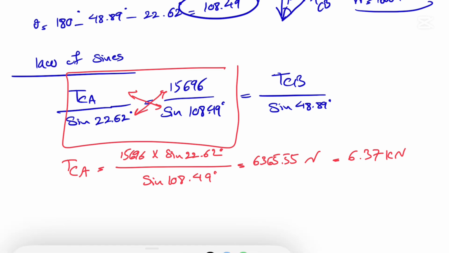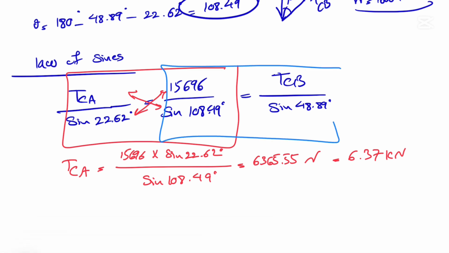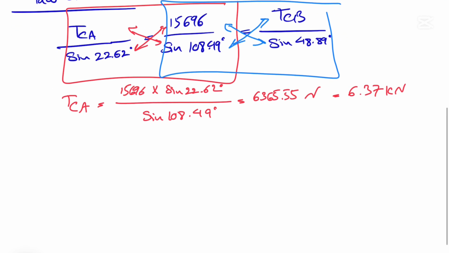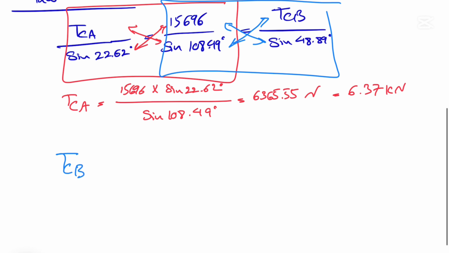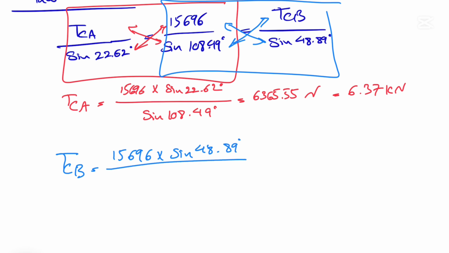And to find TCB, we're going to cross multiply these other two. So TCB here would be 15,696 times sine of 48.89 degrees over sine of 108.49.